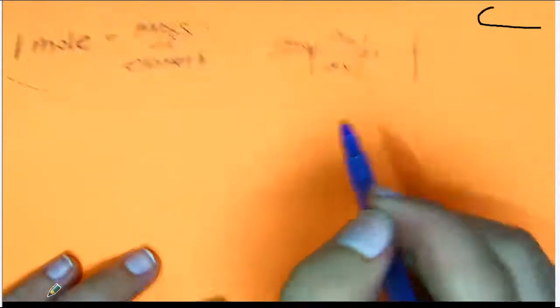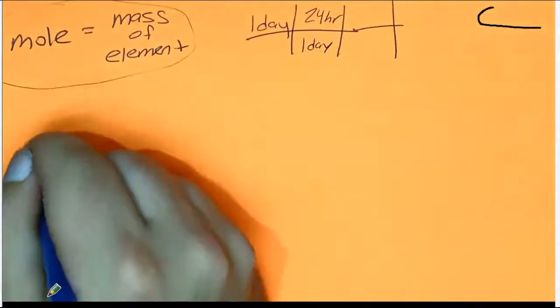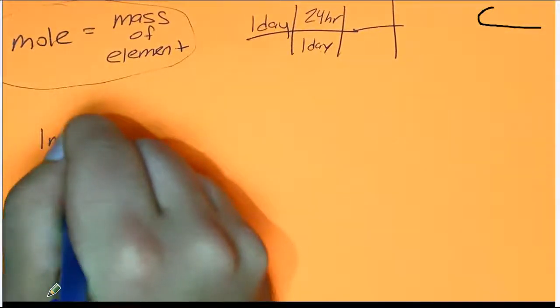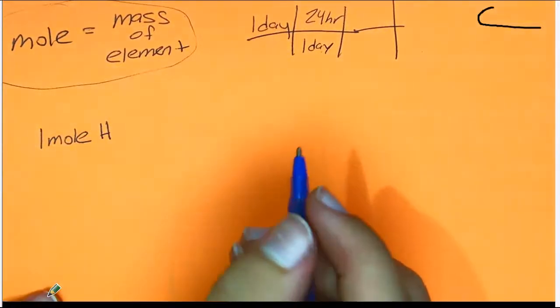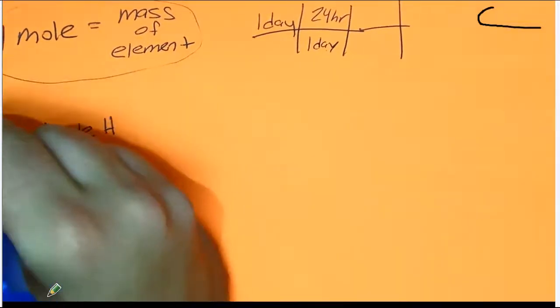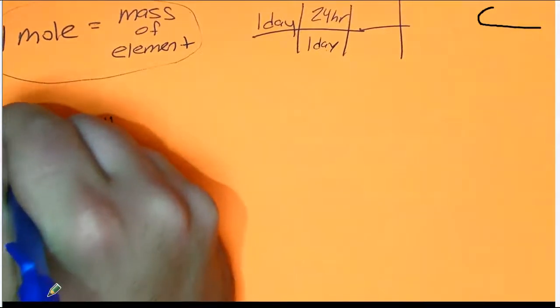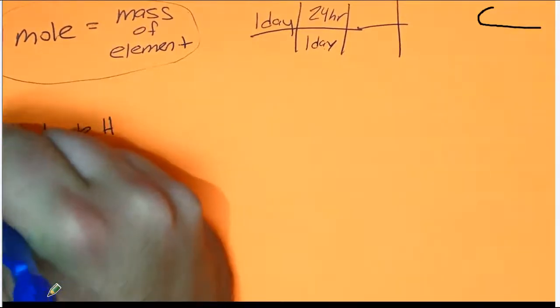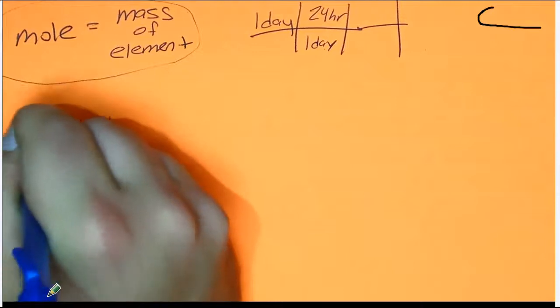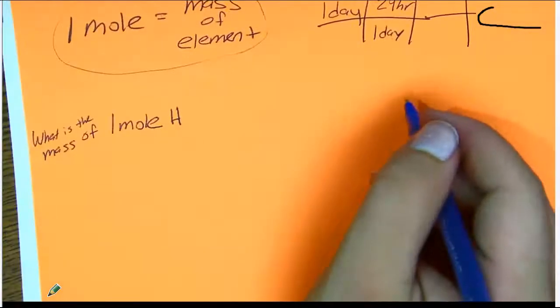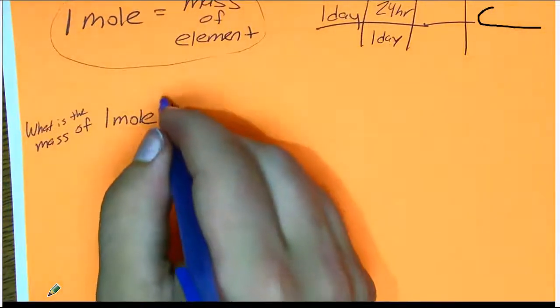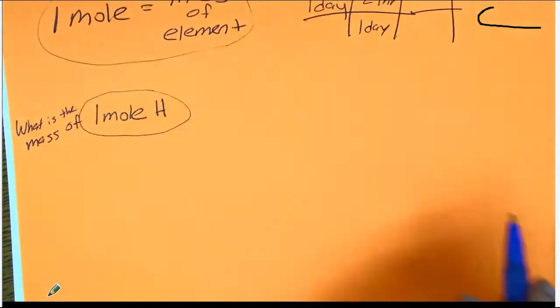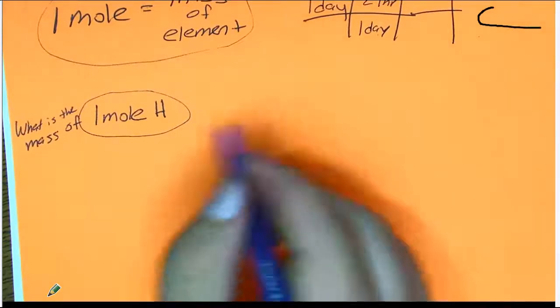So let's say I ask, what is the mass of 1 mole of hydrogen? What you're going to do is look and say, this is what I'm given: 1 mole of hydrogen.